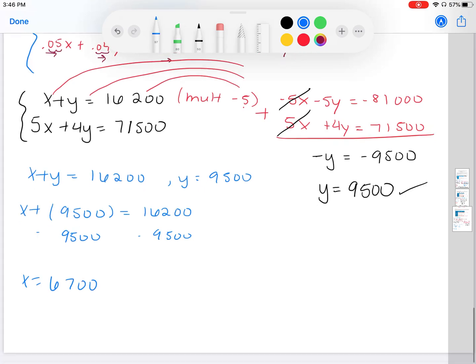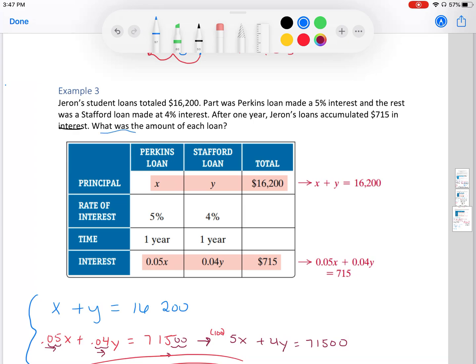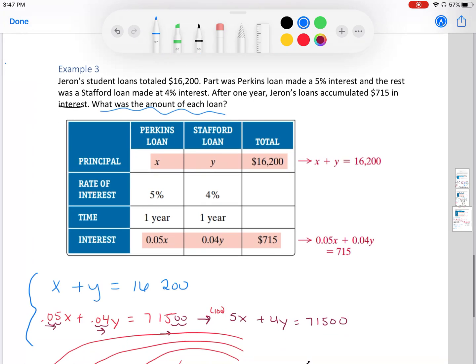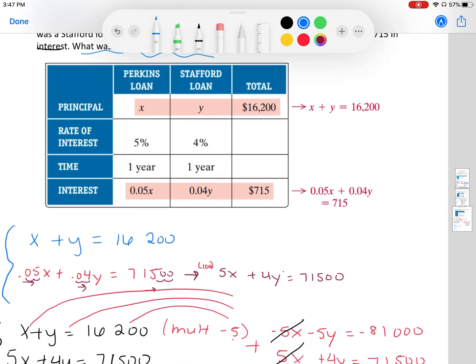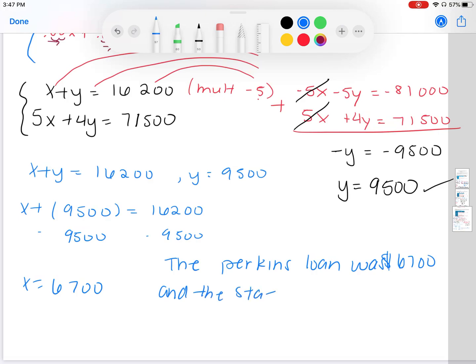So now we know how much each loan was. That was our question, right? What is the amount of each loan? So X was Perkins, Y was Stafford. We can say something like the Perkins loan was $6,700, and the Stafford loan is 9,500.